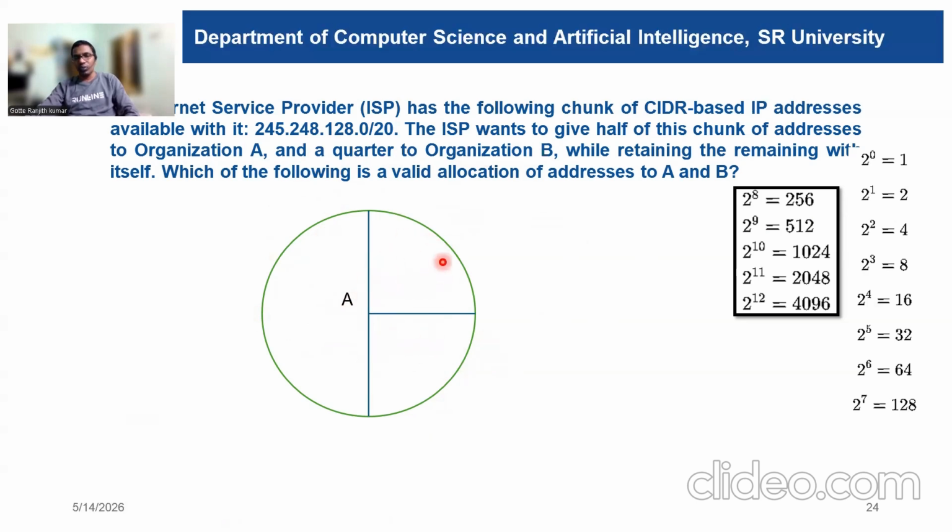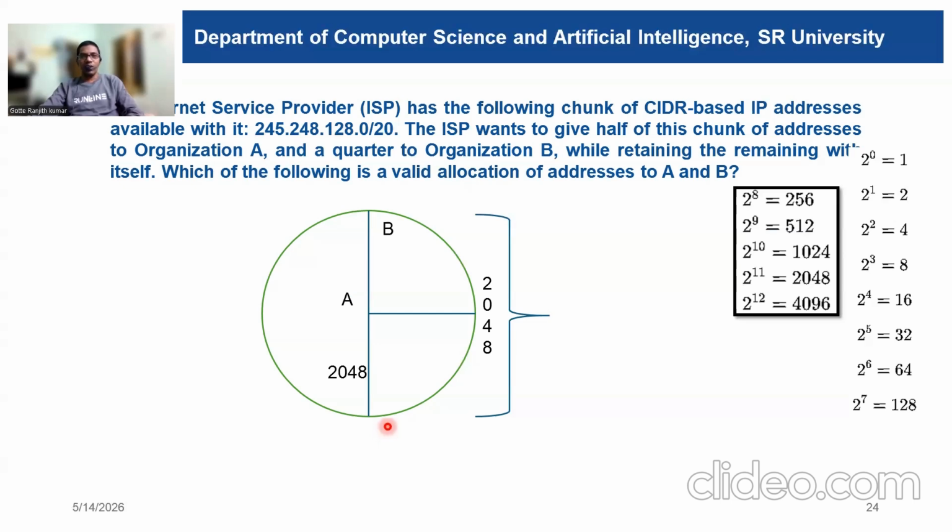So now let us consider this part, this quarter is given to B. Initially this is total 4096. This 4096 divided into two equal parts, that is 2048. So this side 2048 systems and remaining side 2048 systems. 2048 means how is this represented in the form of 2 power something?